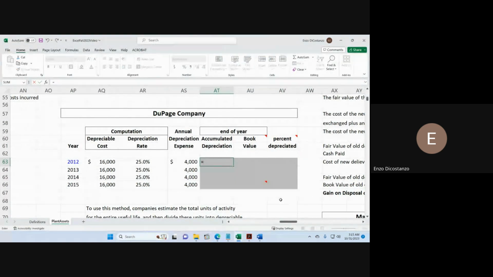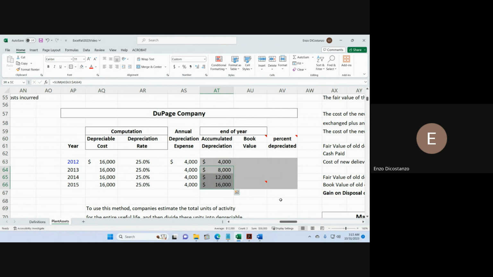The accumulated is simply the sum, starting with the top piece of this. You anchor in the row, and anchor in the column, and you can go all the way down with this.